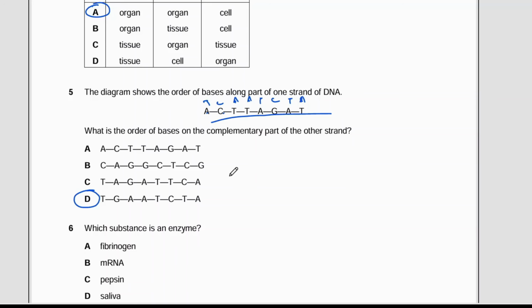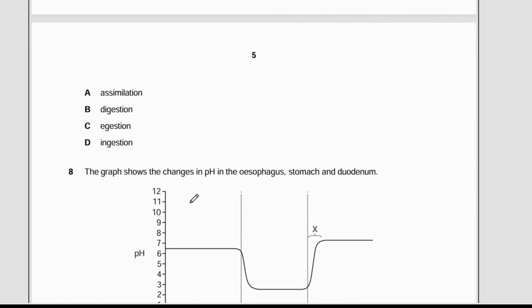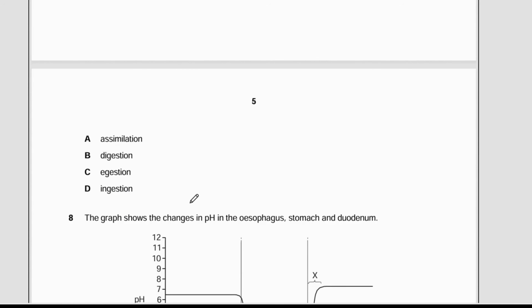Okay. Which substance is an enzyme? Pepsin. Yes. It's a general term.